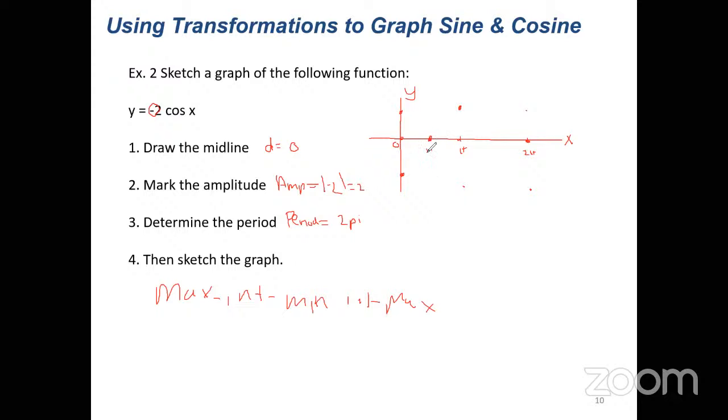This is pi over 2. And you have an intercept here, which is 3 pi over 2. So it looks like this. And that's the graph. Because of the negative, it reflects. So write that down, it reflects over the x-axis.